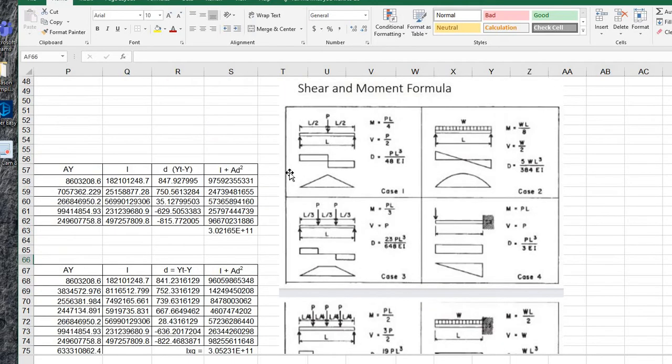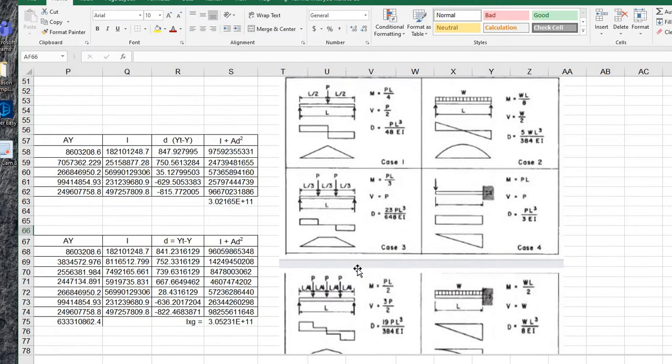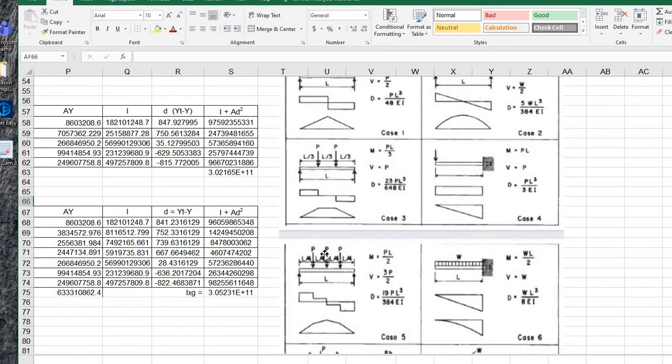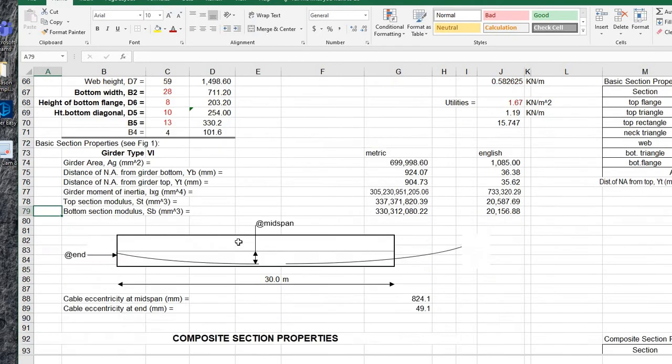So, applicable itong WL all over 8 for uniform loads. And then, yung PL all over 2, applicable ito sa diaphragm natin. Okay? So, WL all over 8, tsaka PL all over 2.